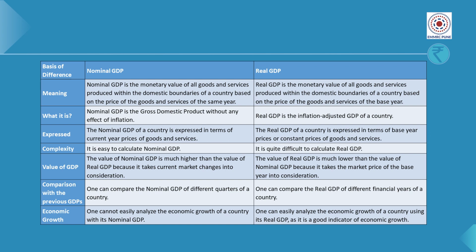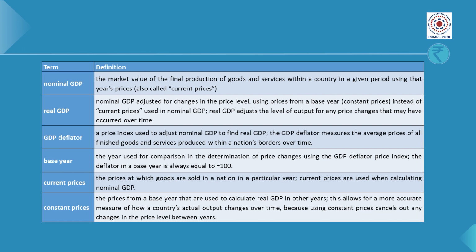If we compare it with previous years' GDPs, then one can compare the nominal GDP of different quarters of a country and one can compare the real GDP of different financial years of a country. Based on economic growth, one cannot easily analyze the economic growth of a country with its nominal GDP, whereas one can easily analyze the economic growth of a country using its real GDP, as it is a good indicator of economic growth.